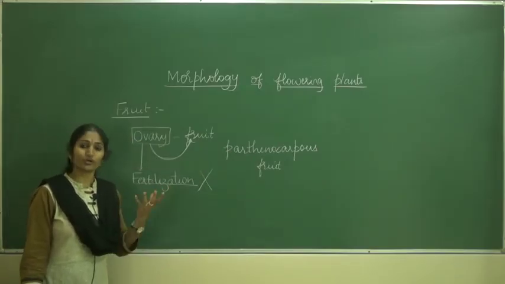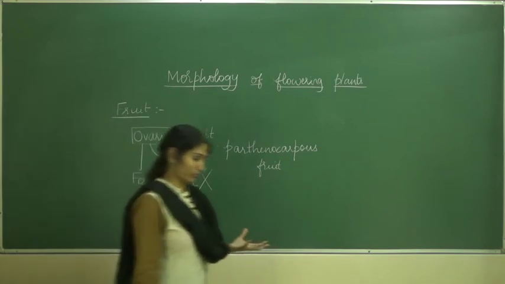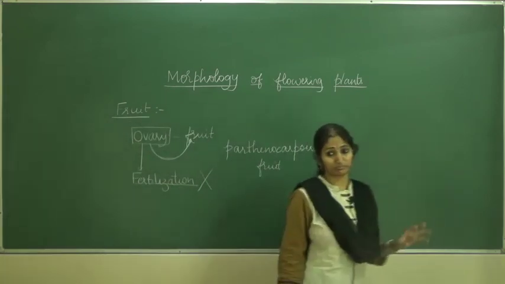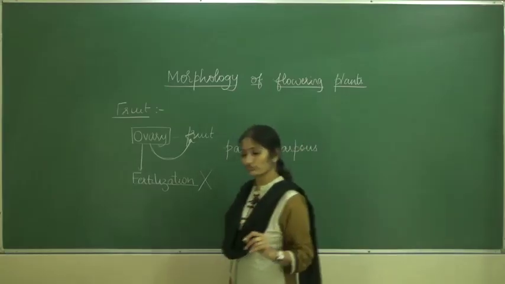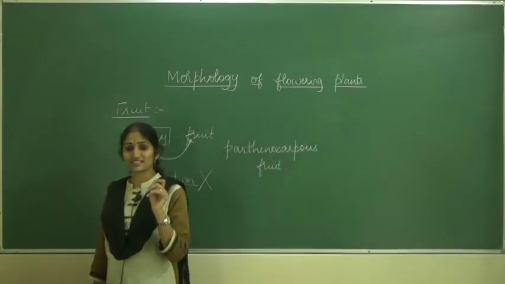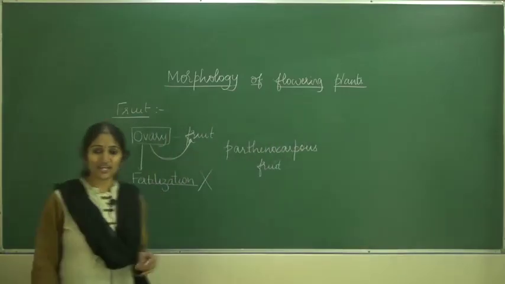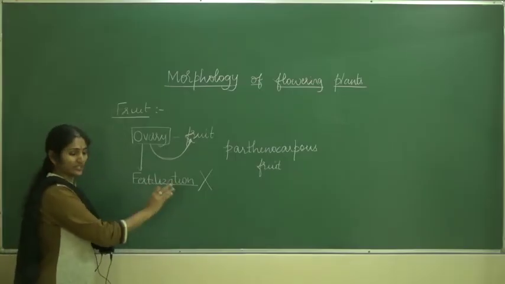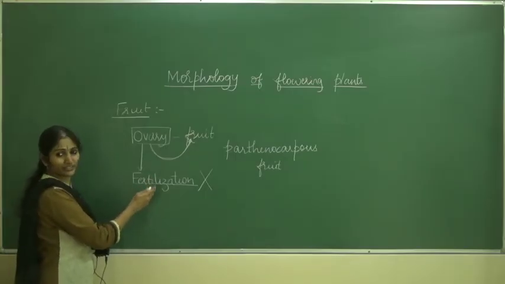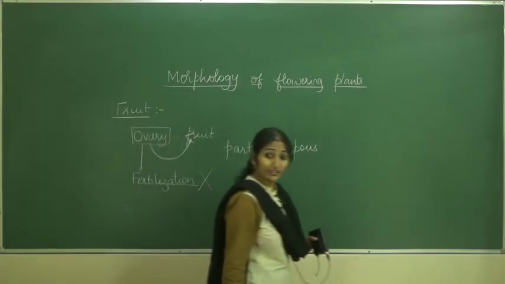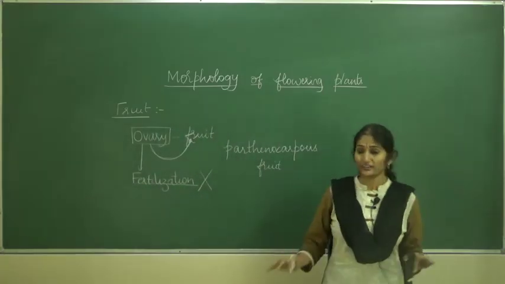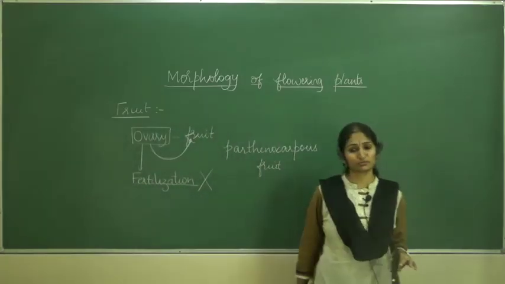Always remember, if you have a fruit and you need to find out if it is a parthenocarpous fruit or a normal fruit, it is very easy to find out. See if it has seed. If it has a seed, then always it is formed because of the fertilization, and that would give rise to a normal fruit. If there is no seed, then that would be a parthenocarpous fruit.